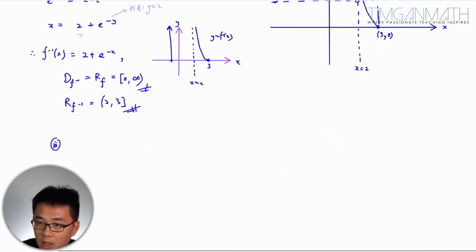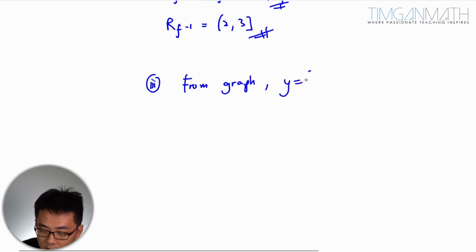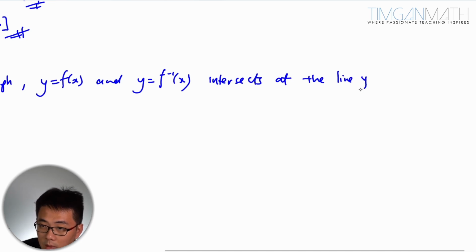So what you can write is, from graph, the point of intersection: y equals f(x) and y equals f inverse x intersect at the line y equals x.